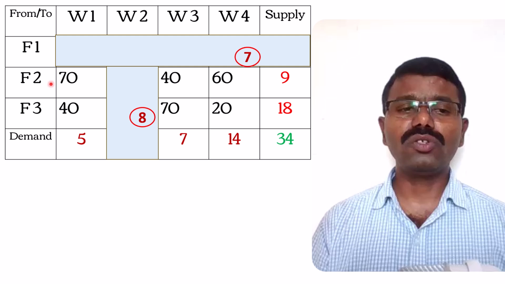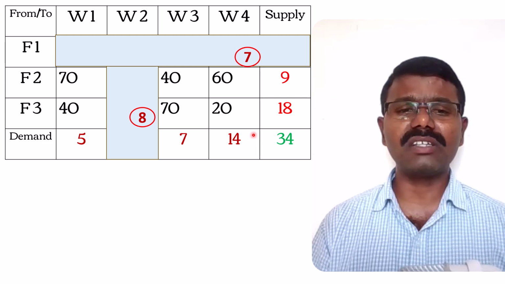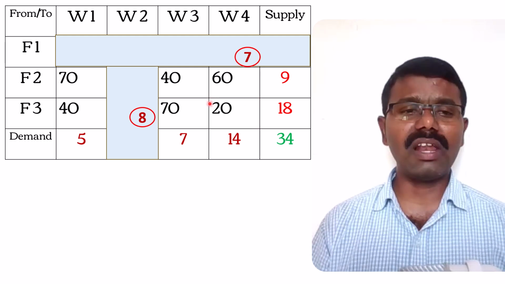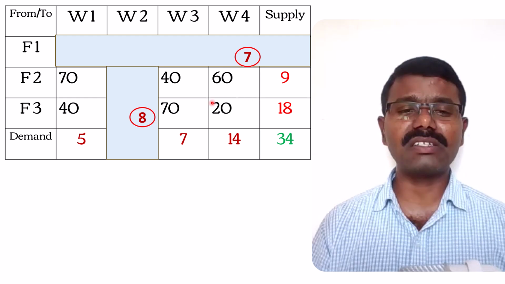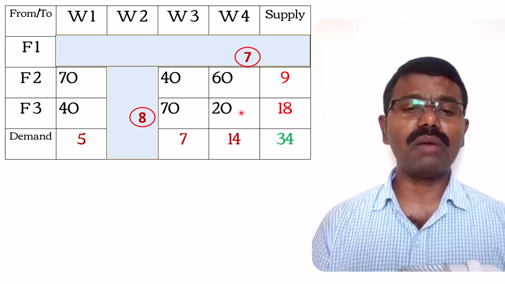Then you see the remaining cells. Out of these remaining cells, you identify the next least cell. So this cell 20 is the next least cell. How many units can we assign to this cell? See here, 14 is the demand.